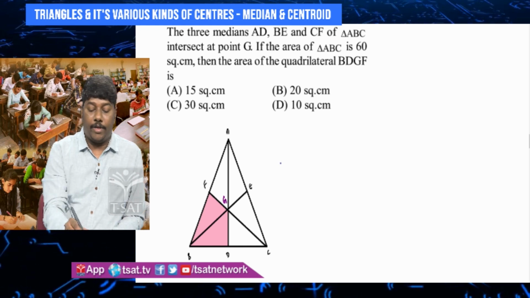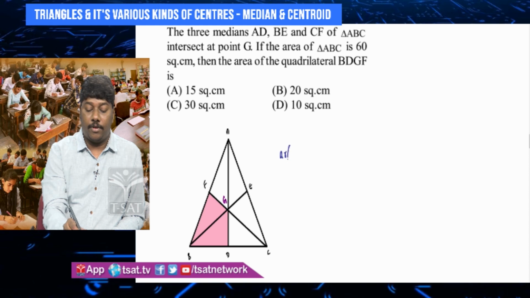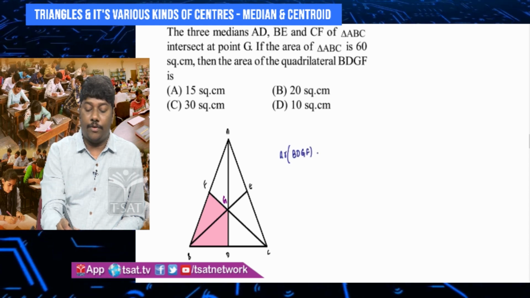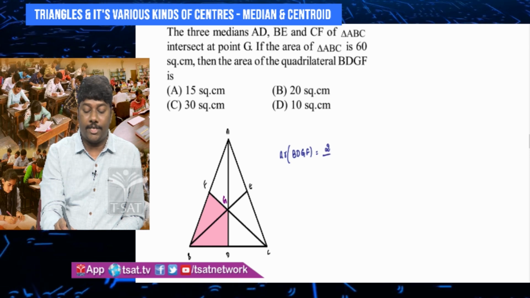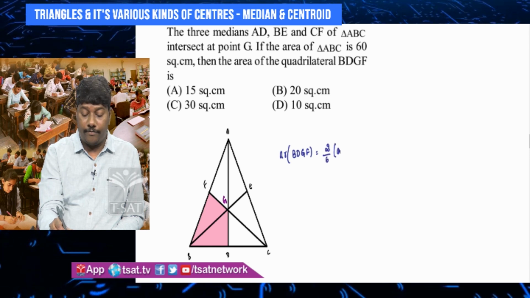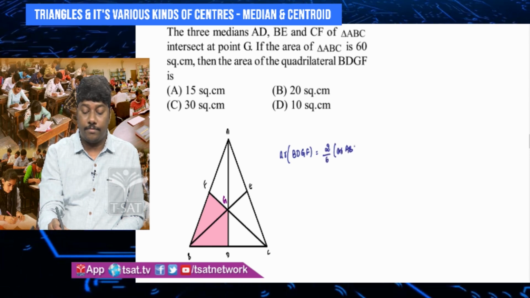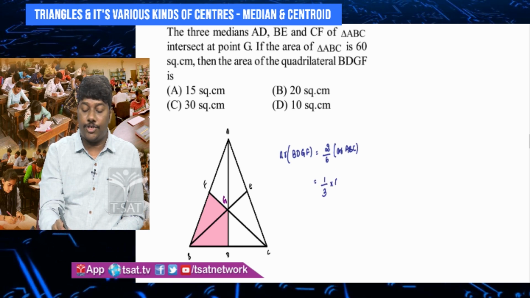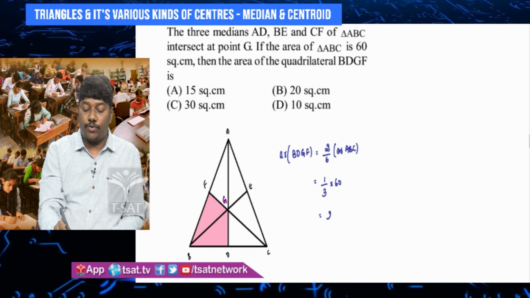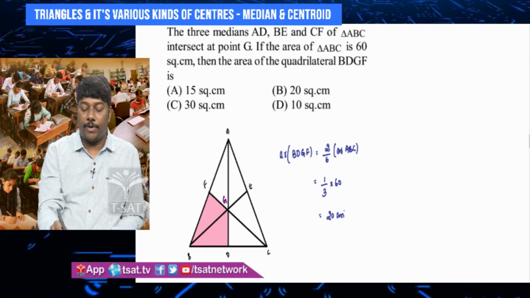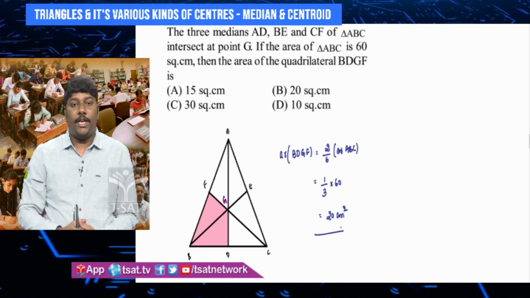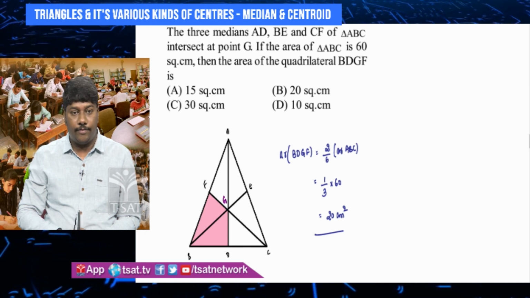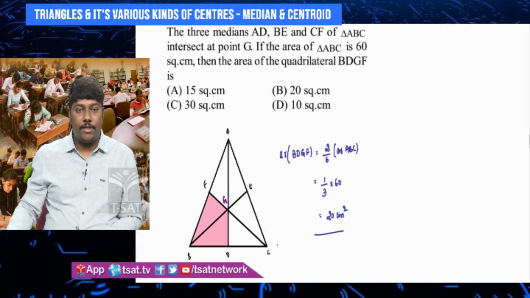So, I would say the area of BDGF is equal to 2 parts out of 6 parts of the area of triangle ABC, which is 1 by 3 of the area of ABC, given as 60, which is equal to 20 square centimeters. So, the answer here is 20 centimeters square. It is actually 1/3 of the entire triangle.